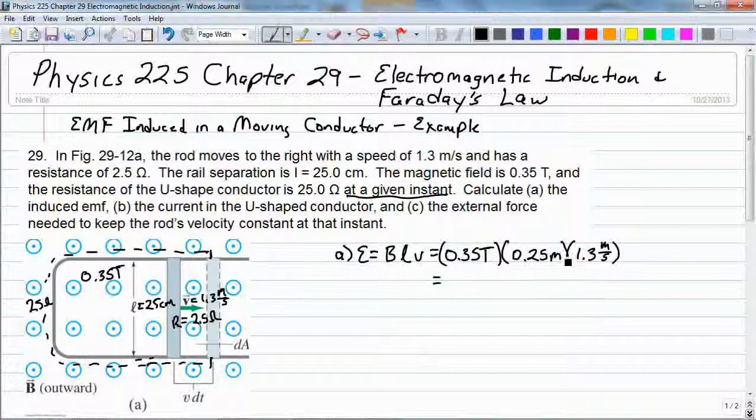So we calculate this up, and that's 0.114 Tesla meter squared per second, which is volts.